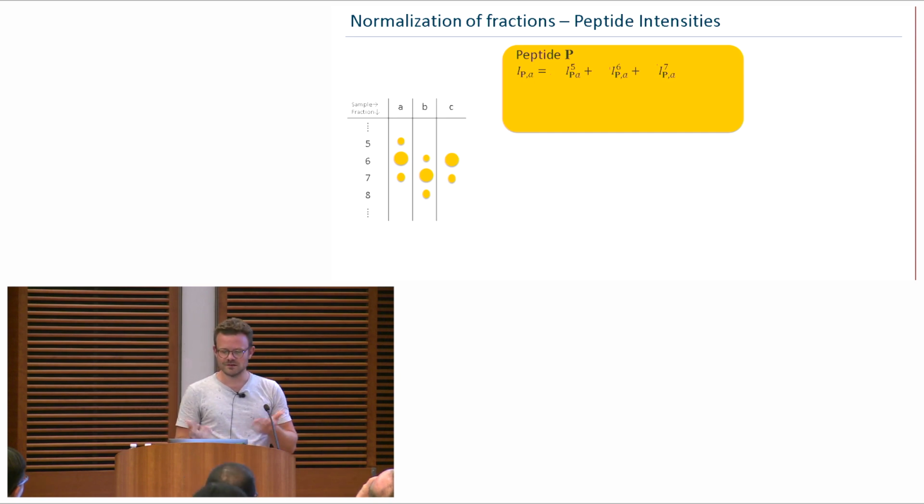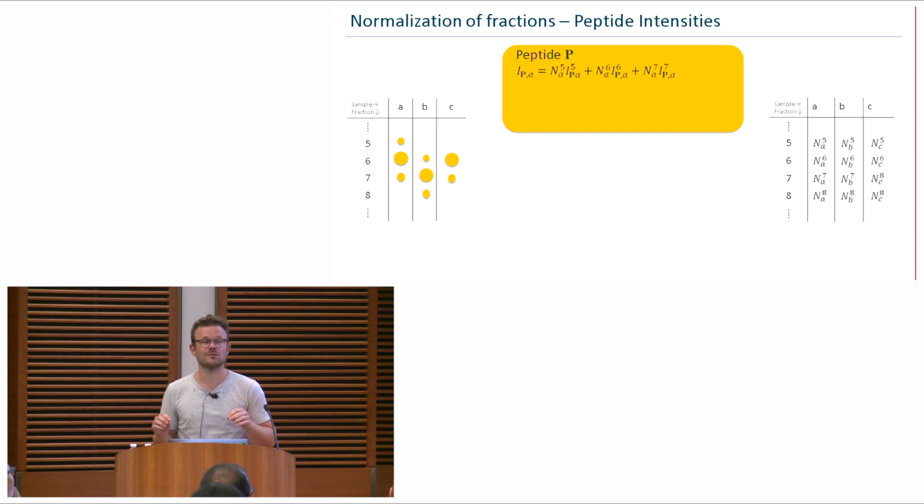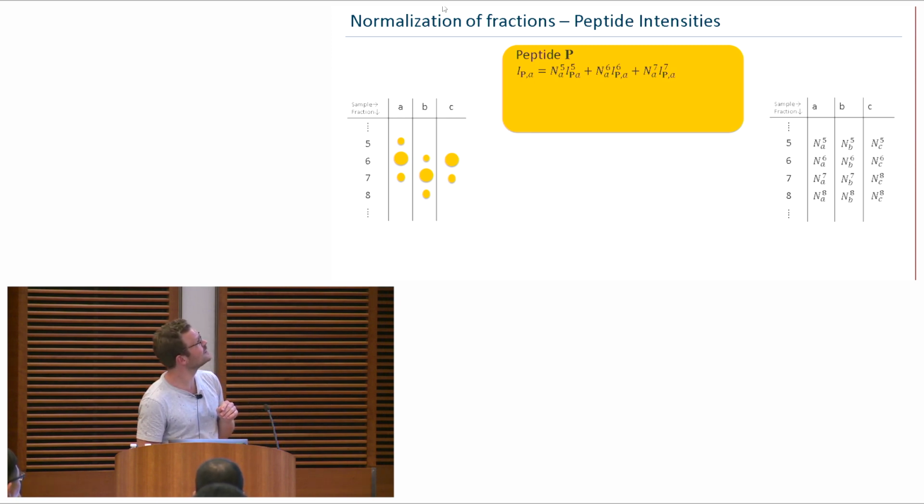But as we already learned, the intensity can probably change between these samples just because of the measurement, not because of something else. So we would need to multiply some normalization coefficients, which are called n. Just to explain it, these numbers are just indices, right?